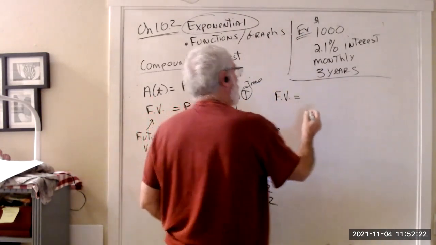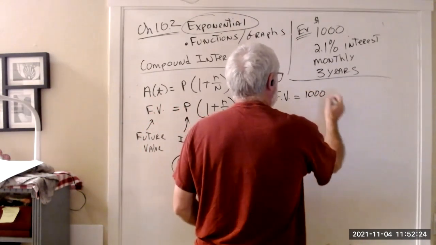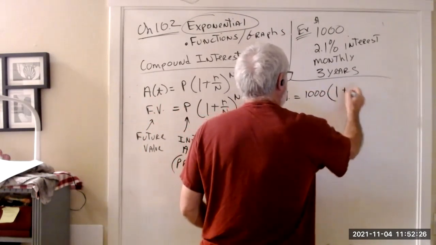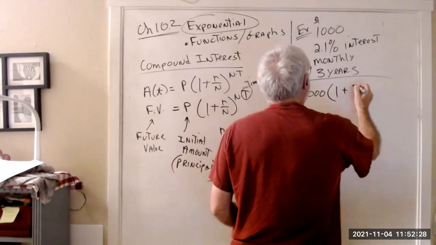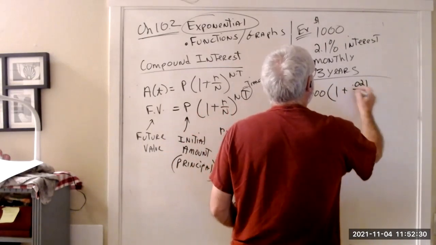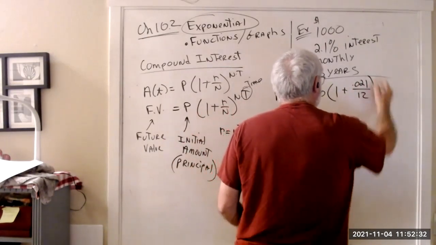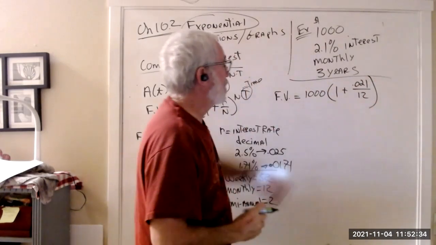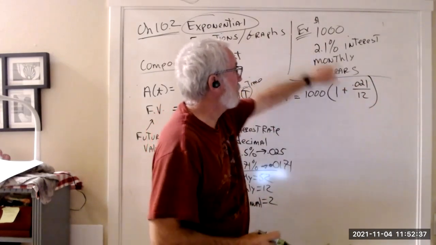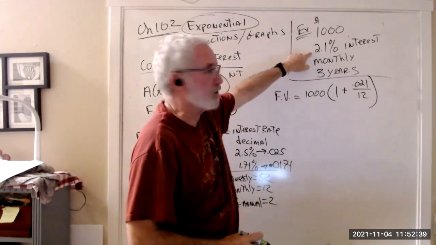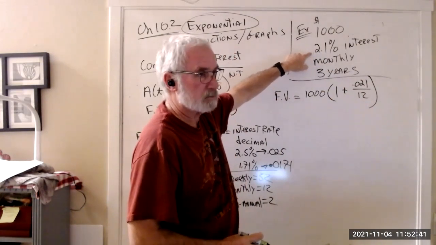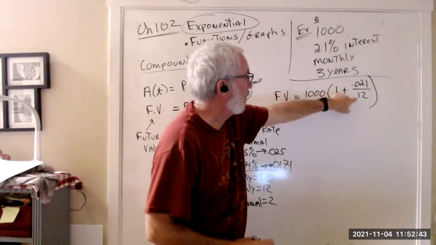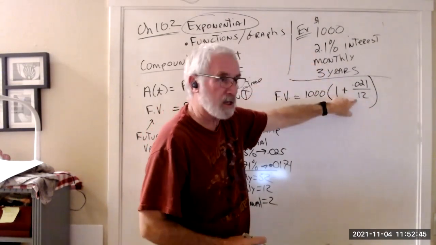Future value equals 1,000 times 1 plus 0.021 over 12, close parentheses. The 0.021 was the interest rate as a decimal. The 12 was because it said monthly.